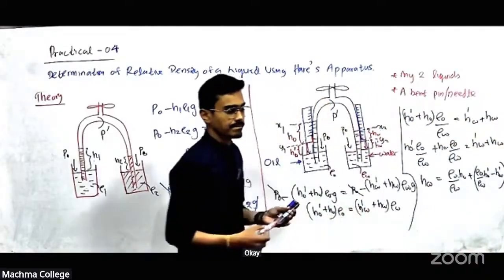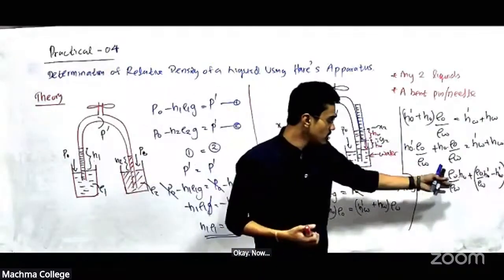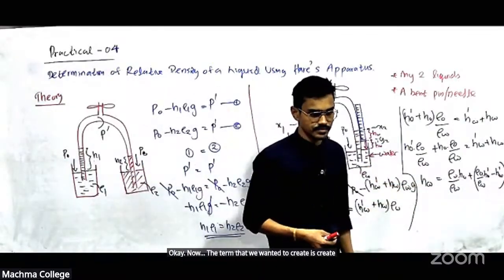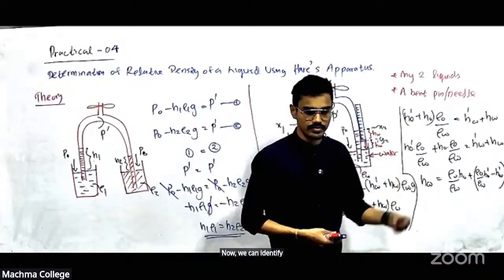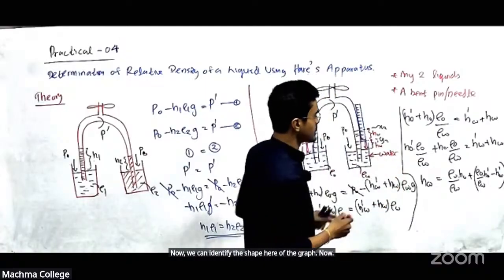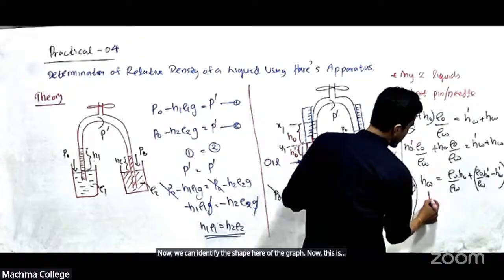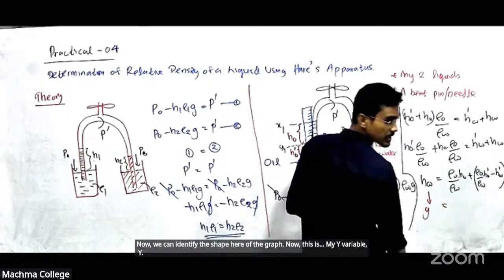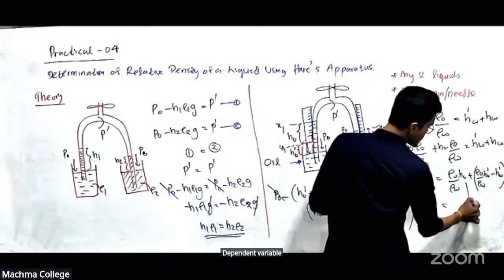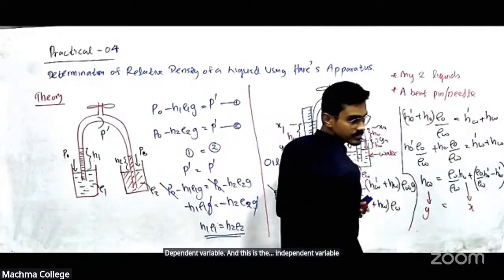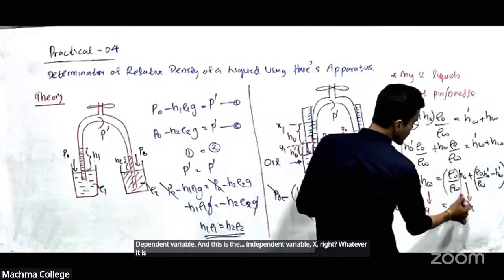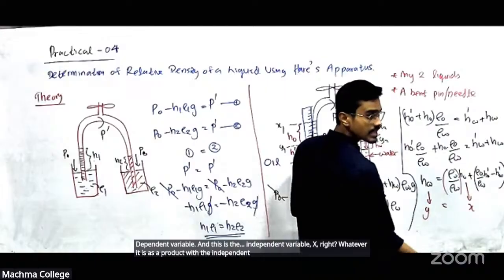Okay. Now the term that we wanted to create is created already. Now we can identify the shape of the graph. This is my y variable, the dependent variable, and this is the independent variable, x. Whatever is the product with the independent variable is the gradient.